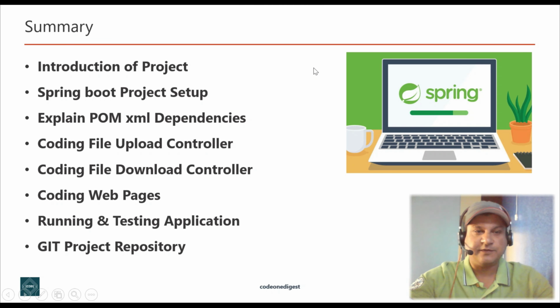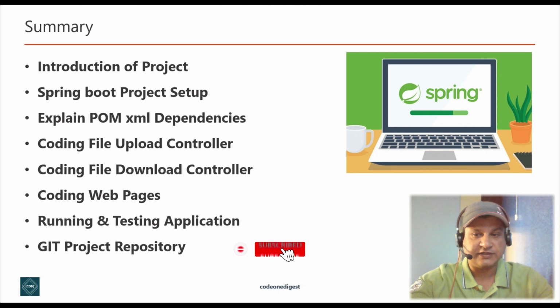Okay friends, now let me summarize what we learned in this tutorial today. I gave you the introduction of the project, what this project is all about. I've shown you how to set up the Spring Boot project, how to include all the dependencies and versions that you need, and how to use Spring Initializr to set up the project. Then I showed you the dependencies that we have to introduce in pom.xml.